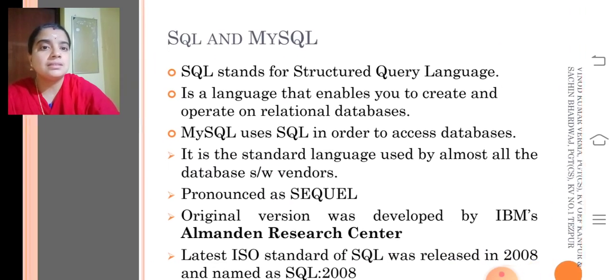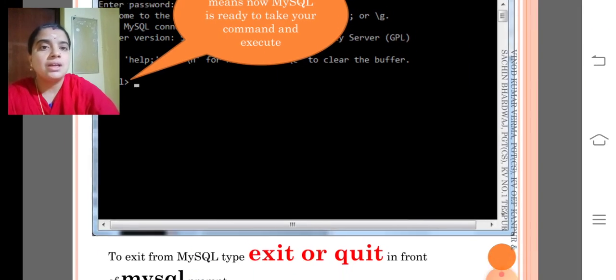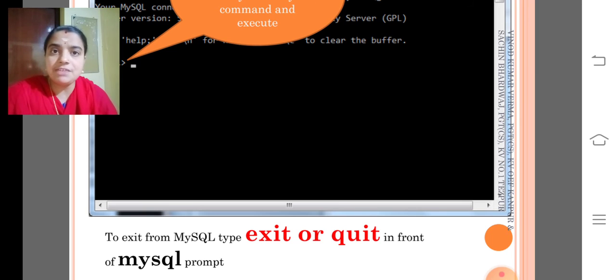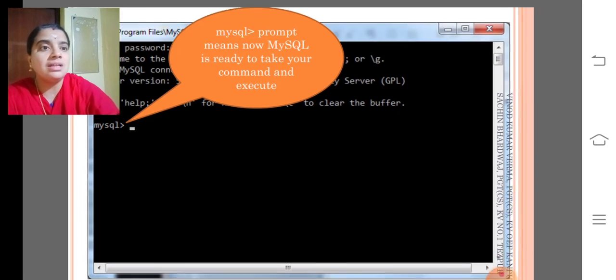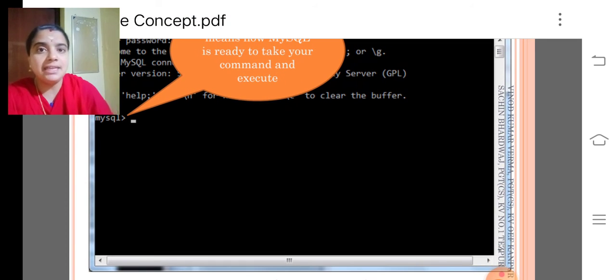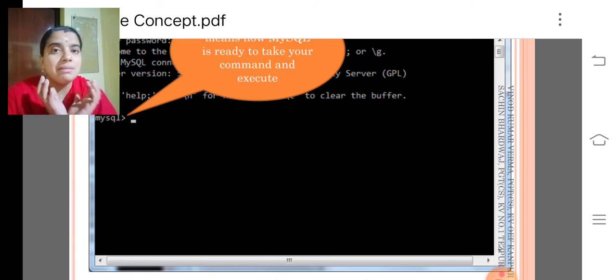Then, if you want to exit from the screen, you can type quit or exit and press enter, or else you can click on the close button. I think you are all clear about how the screen will look. That is, it has two sets of screen.